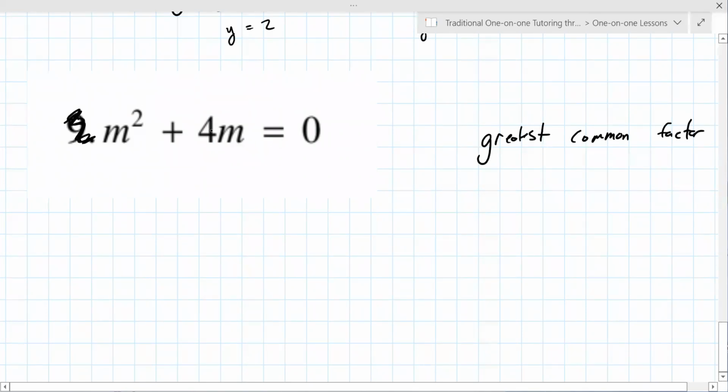And you look for that first. So what I see here is that an M goes into both of these. Now, what you do not want to do is divide by M. You want to factor, not divide.